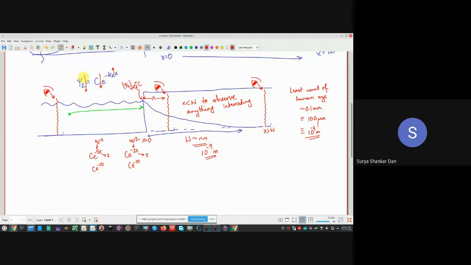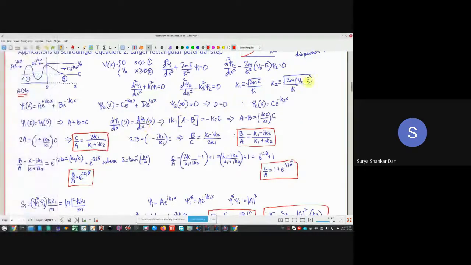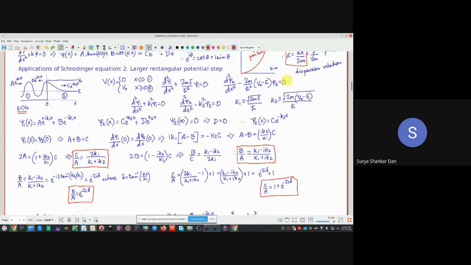Okay? हाँ, please, Sohail. Can K2 be a negative value? हाँ, negative value of K2 अगर करते हैं ना, here the way we have defined, V0 is greater than E, because in this we are essentially talking about a barrier. Barrier मतलब the potential of the barrier is larger than E. That is the basic definition of the problem.